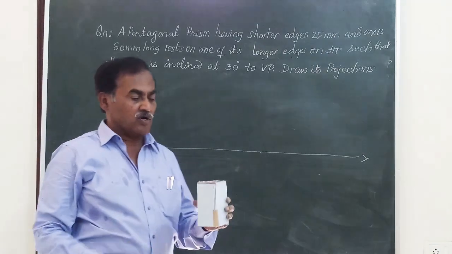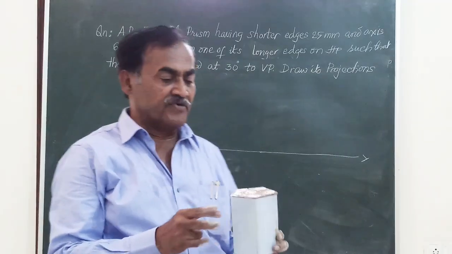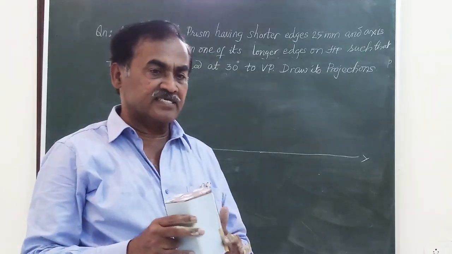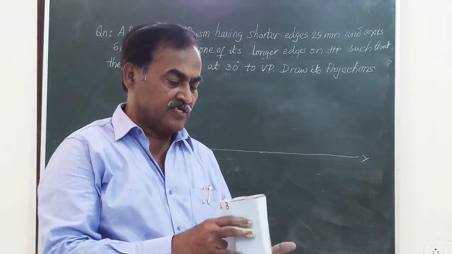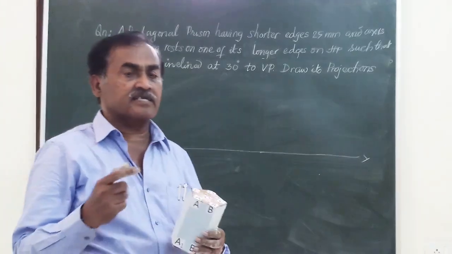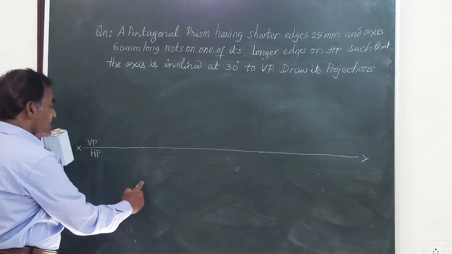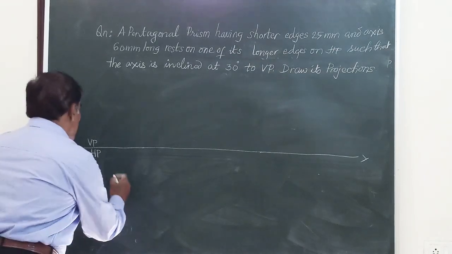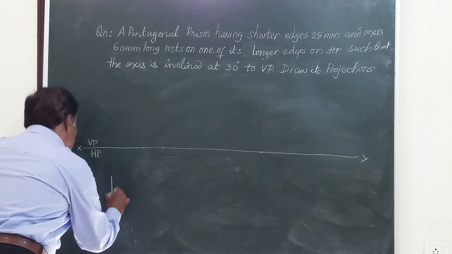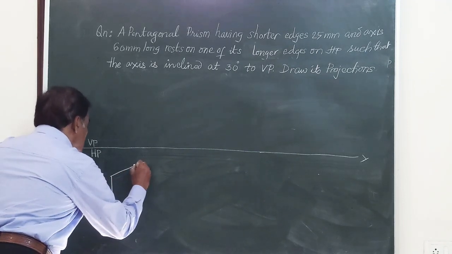Now I am going to draw the top and front view of the solid when the object is resting on its bottom face. So I construct a pentagon in the top view such that one of the corners of that bottom face will come to the right side. So let me construct a pentagon like this.